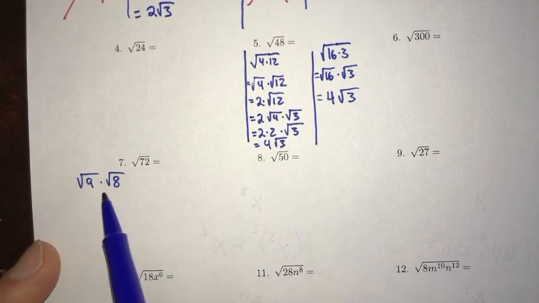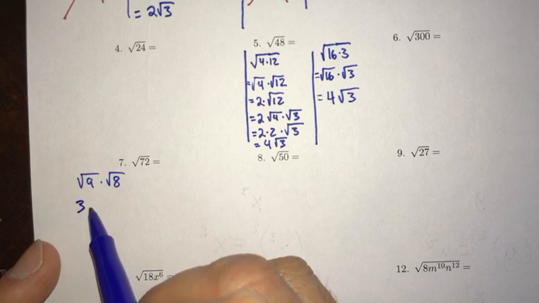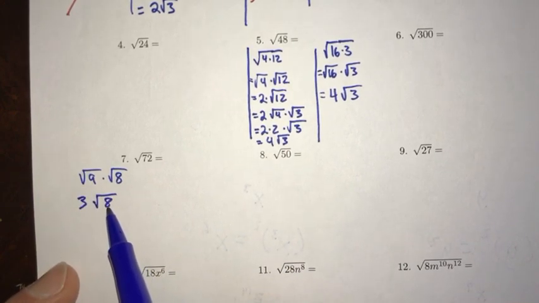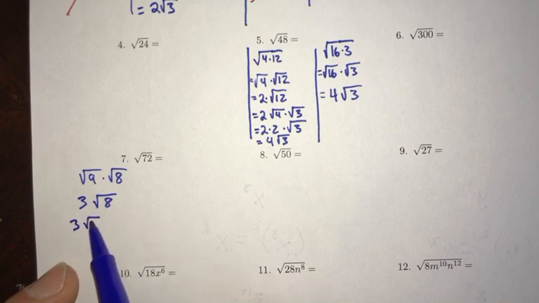So this works, right? Square root of 9 is 3. I have square root of 8. Can 8 be broken down more into something we know the square root of? It can. This can break up into 4 times 2.